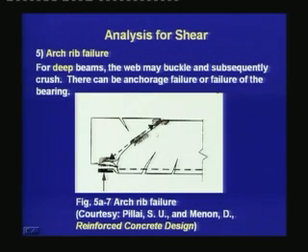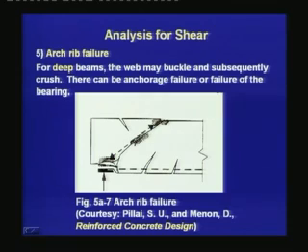The fifth type of failure, the arch rib failure, is observed in deep beams where the span to depth ratio is small. The web may buckle and subsequently crush. There can be anchorage failure or failure of the bearing.